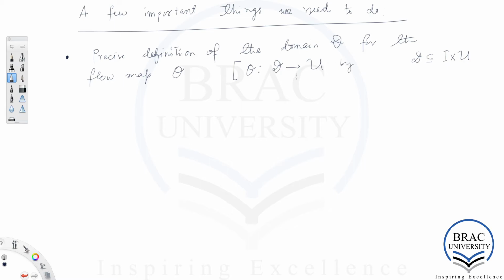This flow map was defined by theta(t, p) equal to up(t), where up is the integral curve that solves the underlying IVP. This is how we define the flow of a vector field. So we need to define this domain curly D very precisely. This is something that we need to do.